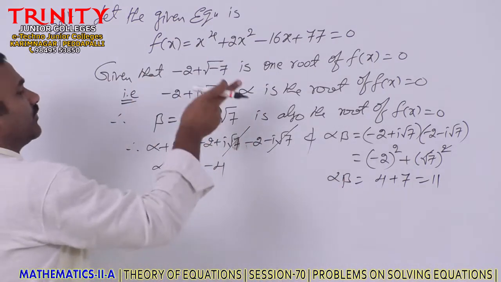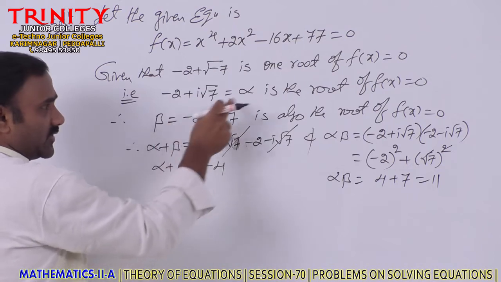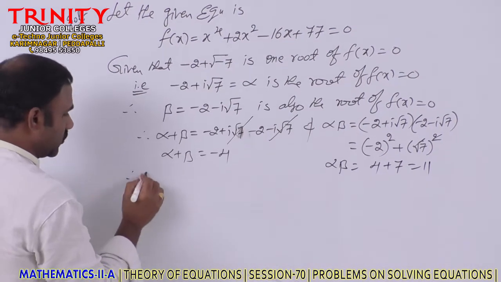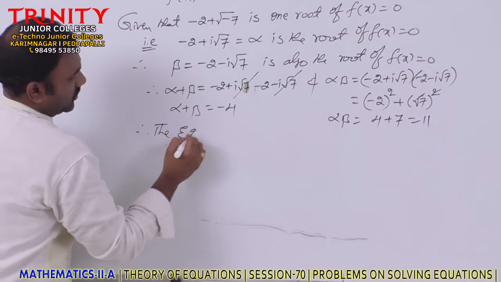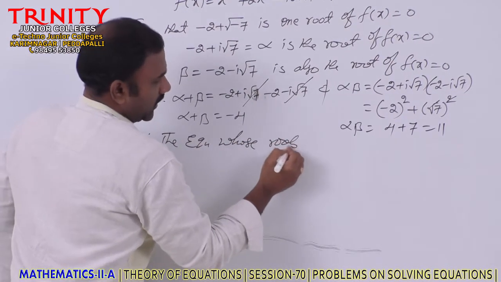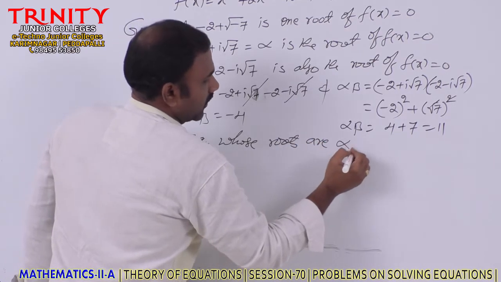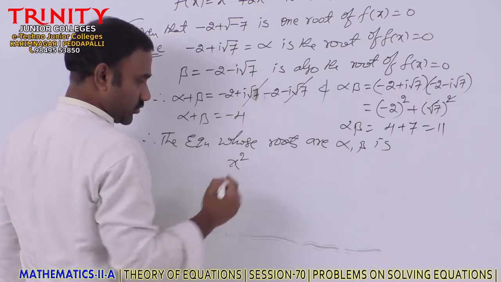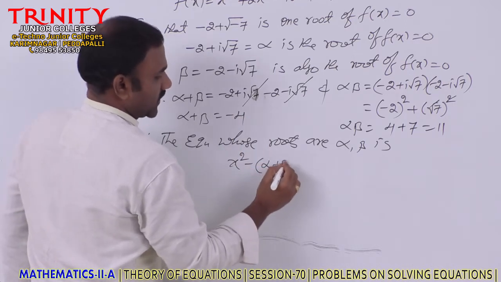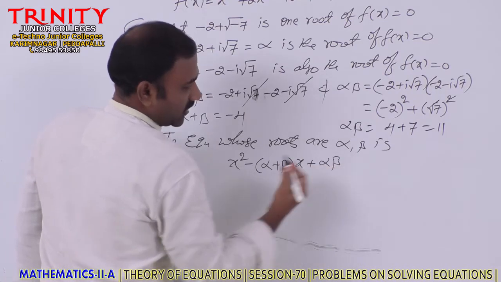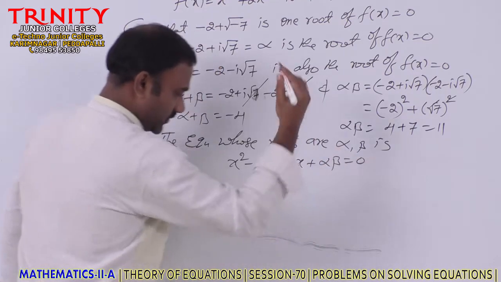Now we have the two roots alpha and beta. With these roots we can find a quadratic equation. Therefore, the equation whose roots are alpha, beta is: x square minus the sum of the roots alpha plus beta into x plus the product of the roots alpha beta is equal to 0.